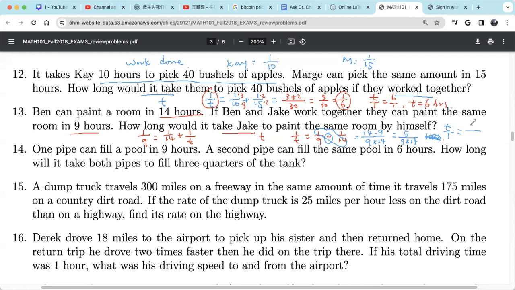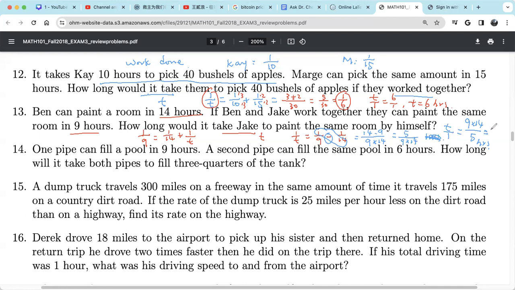Then we have to flip 5 over 9 times 14, to be 9 times 14 divided by 5. So this is in hours, right? But we wouldn't tell people that it takes some number divided by 5 hours. We can tell them by converting this into hours and minutes.